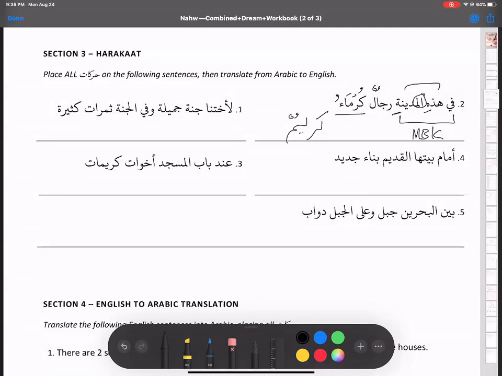So what status should mubtada be? Rafa. Yeah. But can it be Rijalu? Why Lu? There should be some reason. Are we making idafa fragment here? No. Okay, so then why should we say Rijalu? Rijalun is mubtada and Kurama'u is, yeah, Rijalun Kurama'u.